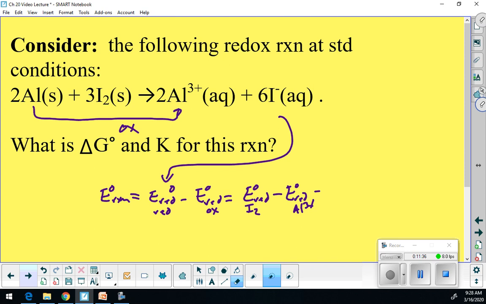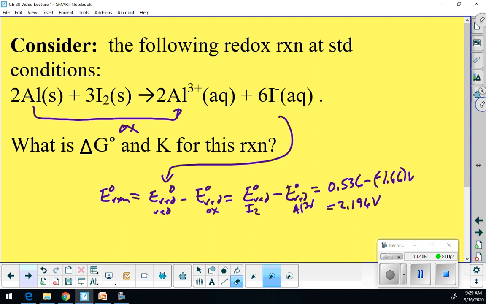And so that's equal to 0.536 minus a negative 1.66. Minus a minus is plus. And I get 2.196 volts, right? That's what my E is.